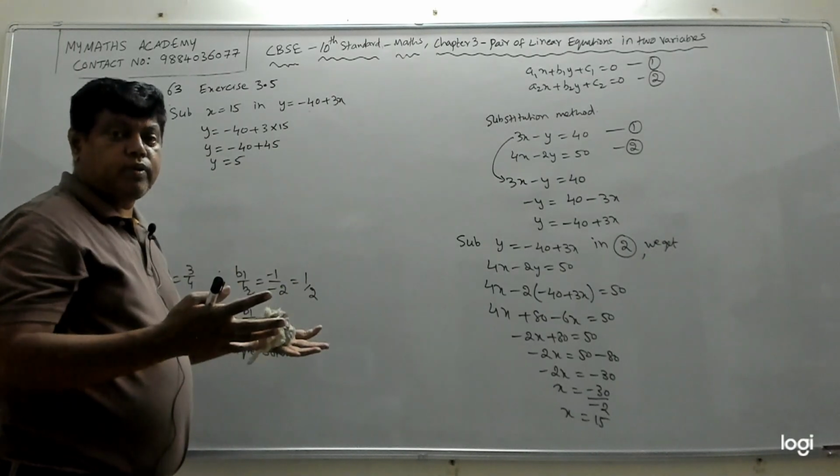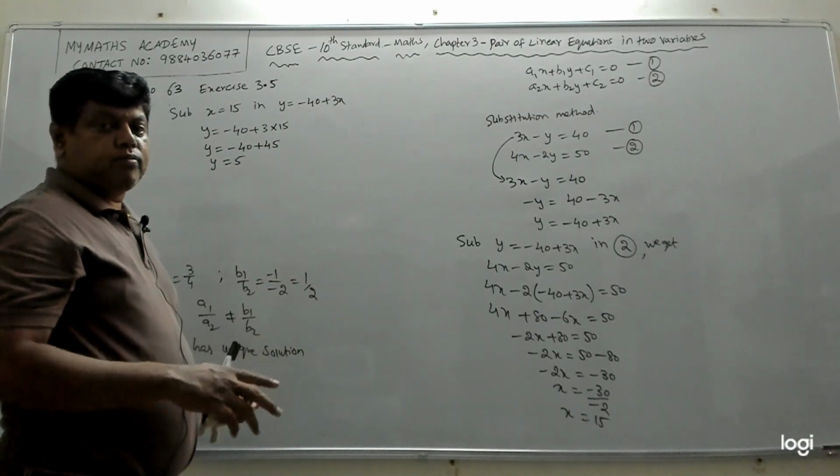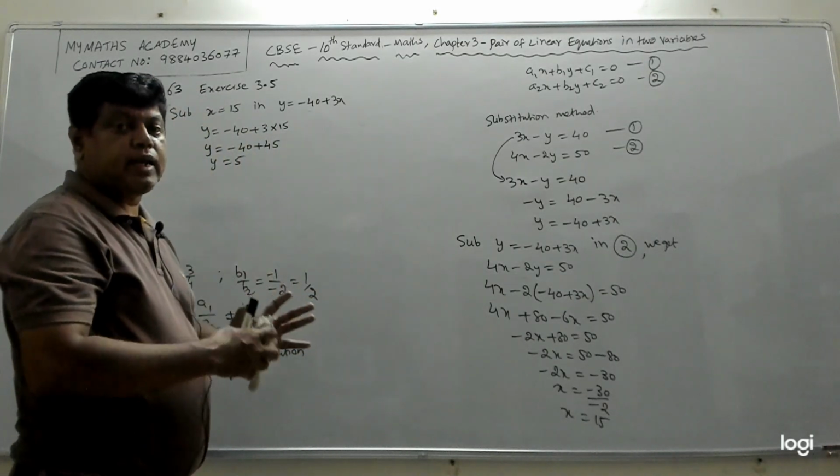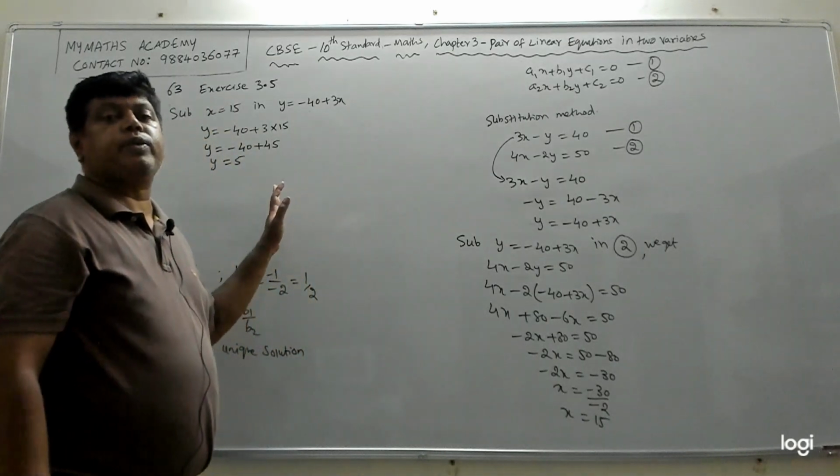So totally how many questions were there in the test? x plus y, 15 plus 5, 20 questions were there. In that 20 questions he answered 15 questions correctly, 5 questions wrongly.